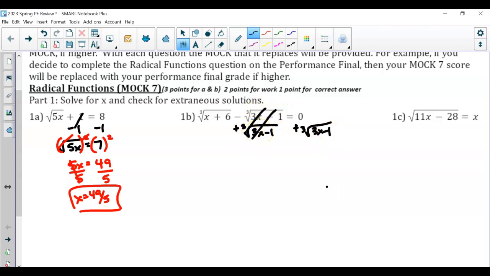So now this radical cancels out, and now I can bring down and solve the cubed root of x plus 6, which is equal to the other cubed root, 3x minus 1. Because now notice, to get rid of our cubed root, we need to now cube both sides of the equation, right? What we do to one side, we do to the other. So now, canceling out, I've got x plus 6, which is equal to 3x minus 1.